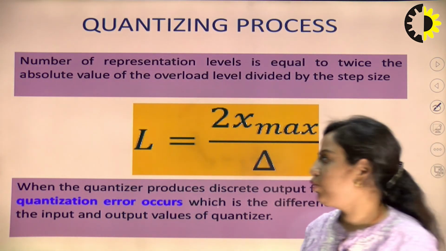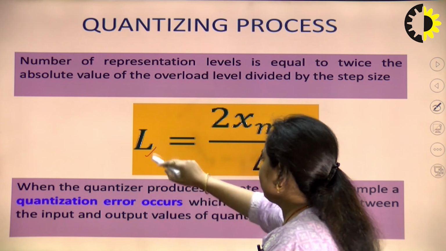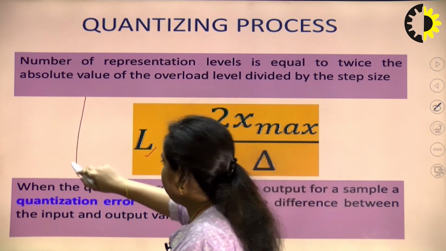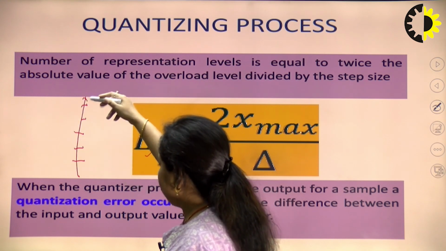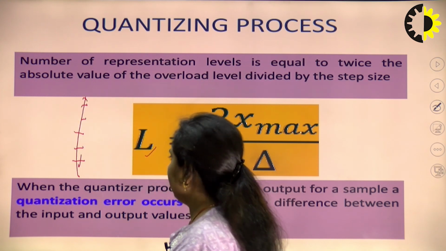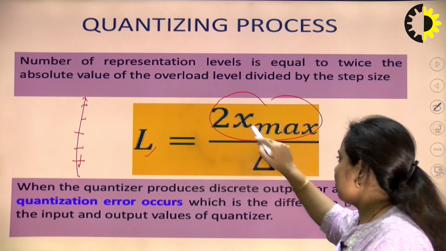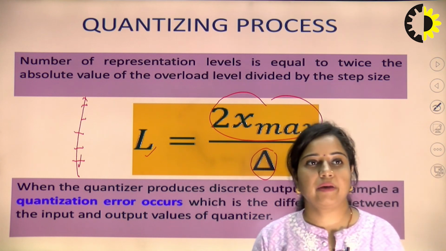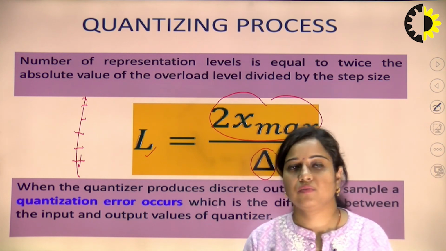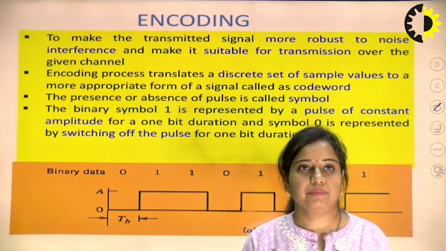Now, this is the formula showing the number of levels. Let us say there are 8 levels, that is the dynamic range is divided into 8 equal levels. It will be denoted by the formula 2 x max divided by delta, where delta is the step size and x max is the maximum amplitude on the positive or the negative side. These are the two waveforms for mid tread and mid riser.